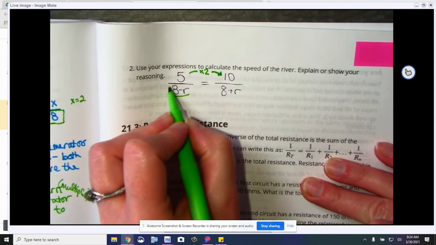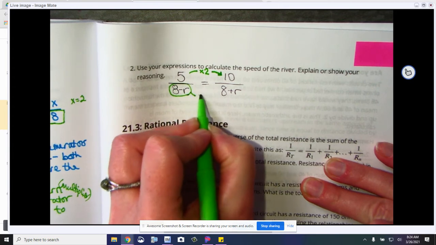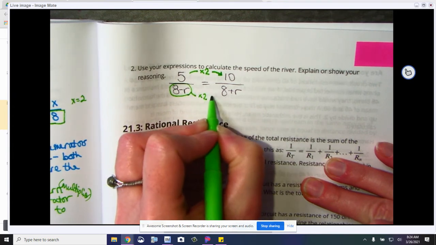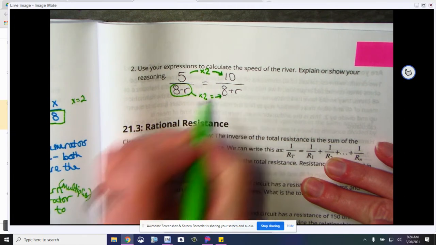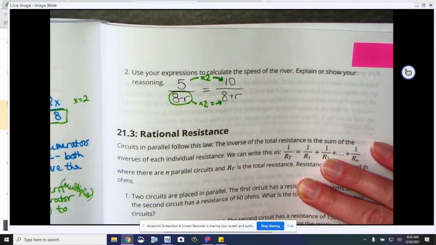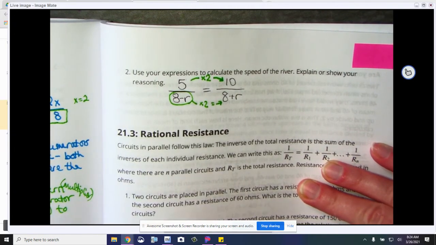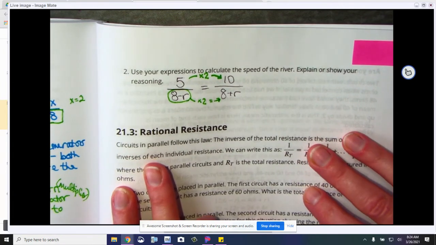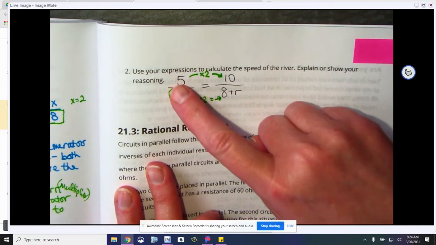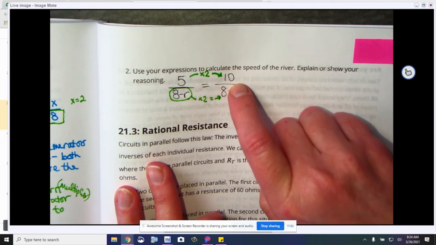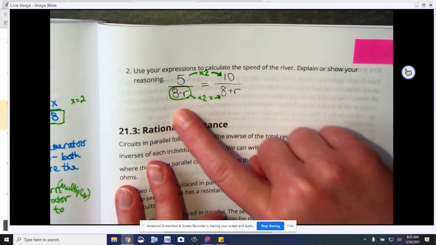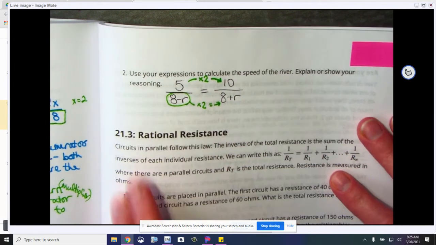So 8 minus r times 2 has to equal 8 plus r. Finding a pattern in our numerators means the same pattern has to happen with our denominators.